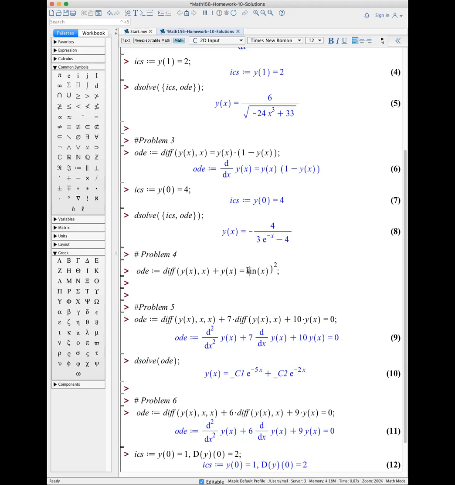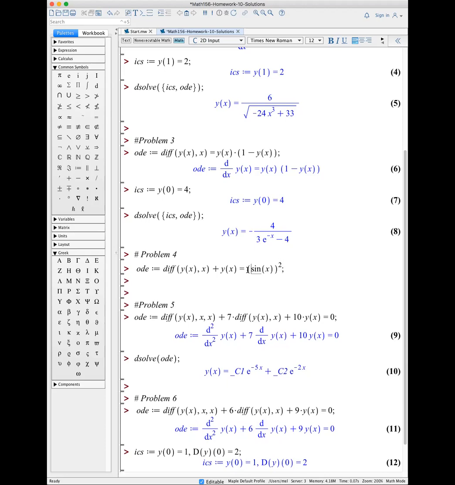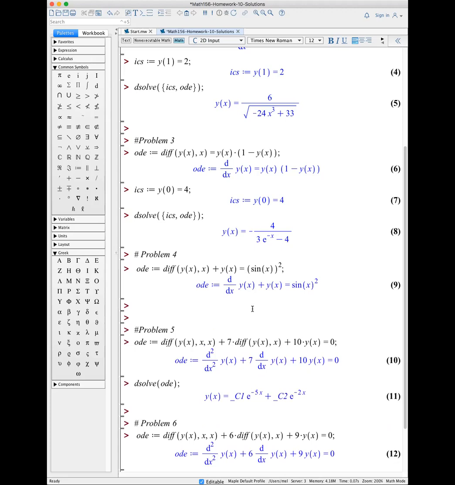I'll write it like this to make sure there's no ambiguity. So dy/dx plus y of x equals sine squared x. And the initial condition is y of 0 is 0.2.